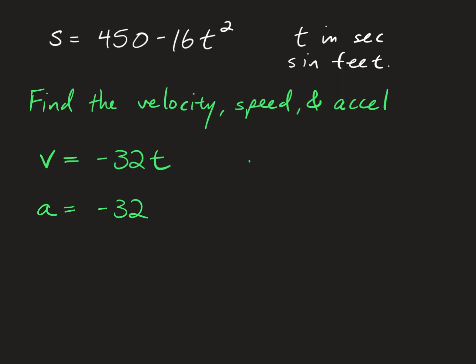And the speed function will absolutely be the absolute value of negative 32t. So no matter what time value you're given, the speed will be a positive number, because that's what speed is. It's the positive value of the velocity.